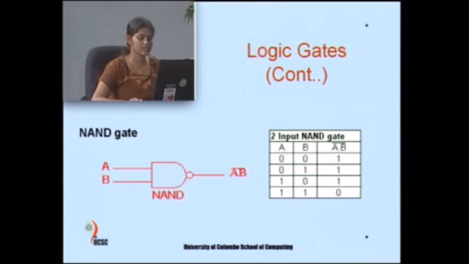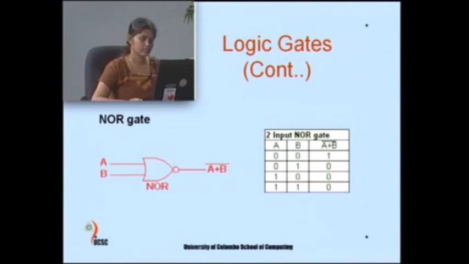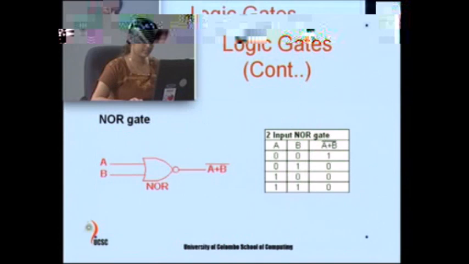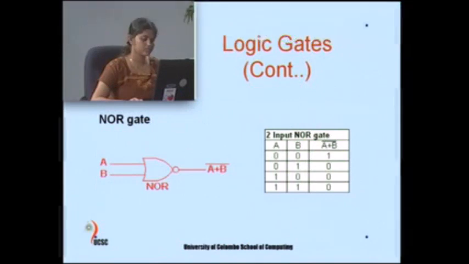The small circle represents the inversion. This is the NOR gate. NOR gates are low if any of the inputs are high. The symbol is an OR gate with a small circle on the output. Here also the small circle represents inversion.